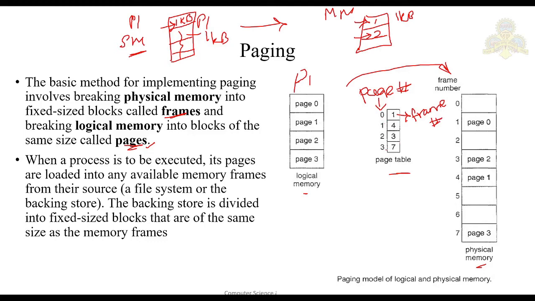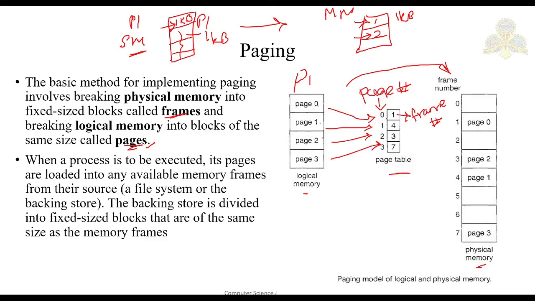Now how to read this page table? Suppose your process P1 has 4 pages: page 0, page 1, page 2, page 3. The page table contains or indexes the page number, so you can see here 0, 1, 2, 3, which is the page number. The page table has the page number as the index.